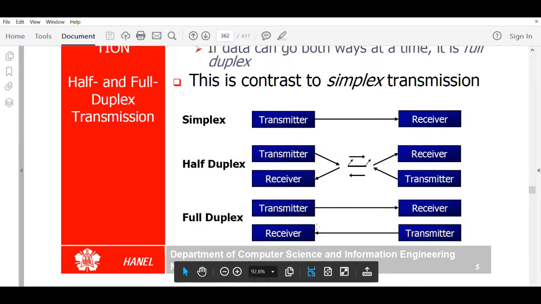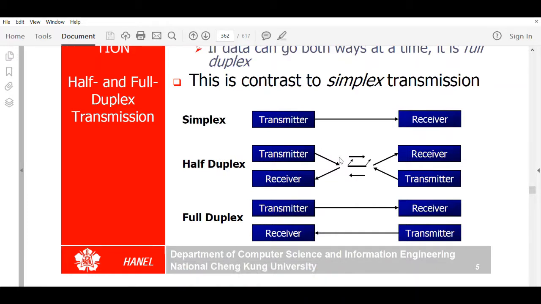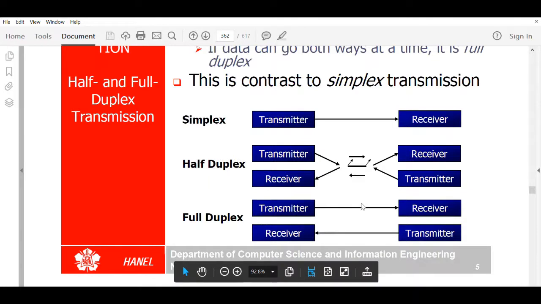In the case of half duplex, either this transmitter can transmit or that one can, depending on the switch in the middle. So this transmission is controlled using the switch in the case of half duplex.